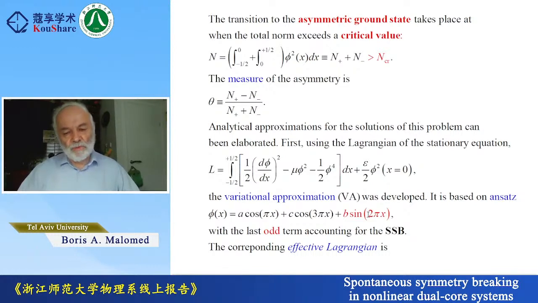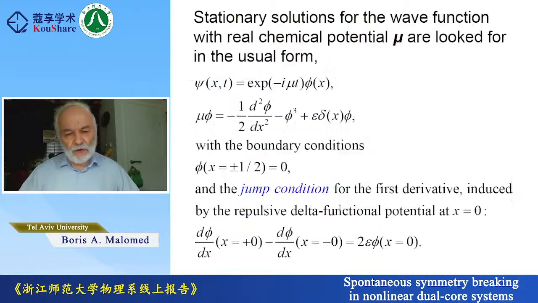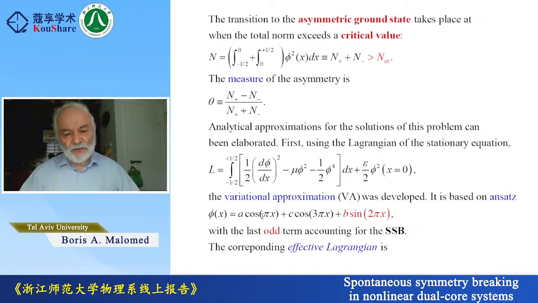By the way, what should also be mentioned is that this ansatz does not agree with the internal boundary condition, because the internal boundary condition implies that we should have a jump of the first derivative at point x equal to 0. However, the ansatz does not have any jump. All these terms, and also their first derivatives as functions of x, are continuous at x equal to 0, which simply means that the ansatz is not very accurate.